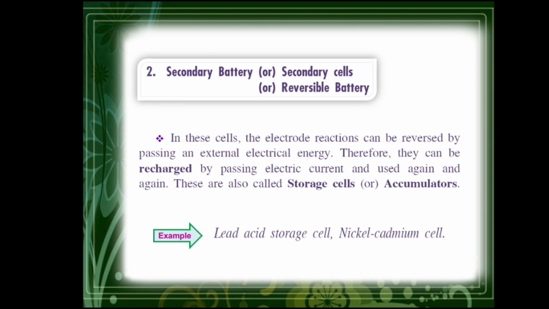Therefore, they can be recharged by passing electric current and can be used again and again. These are also called storage cells or accumulators. Examples for secondary battery are the lead acid storage cell and the nickel cadmium cell.